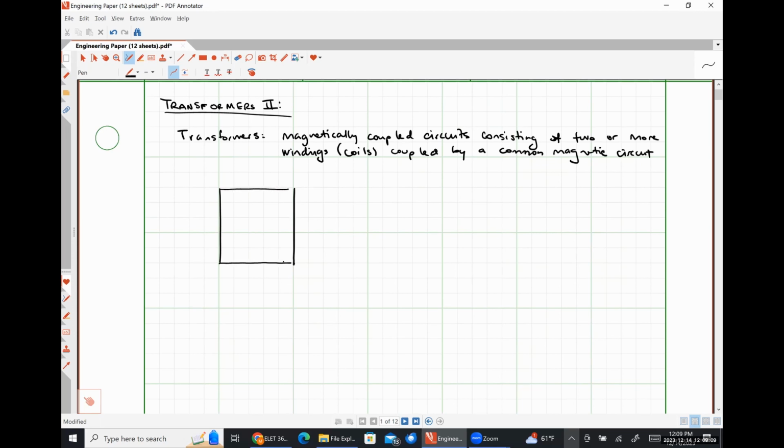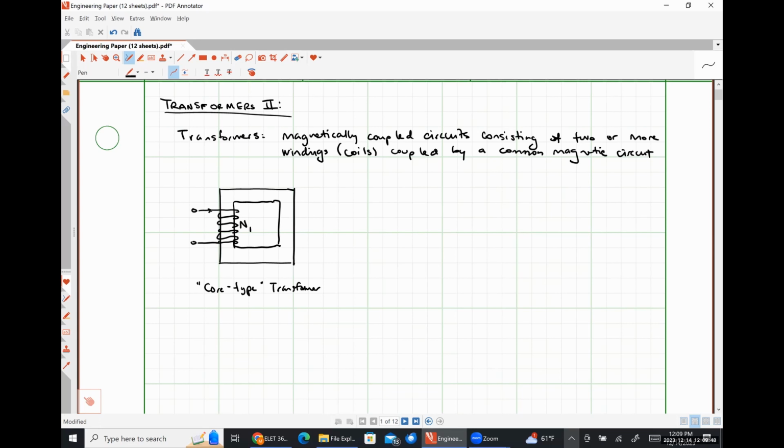So this first type of transformer we've looked at a couple of times. This is what's called a core type transformer. So we'll have some winding wrapped around one leg, like so. I'm going to call this coil 1.